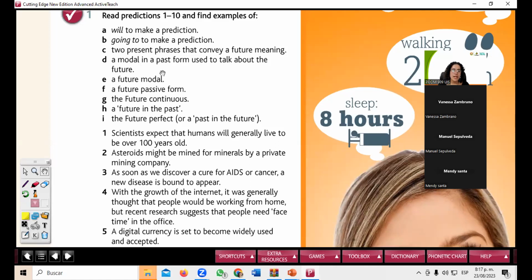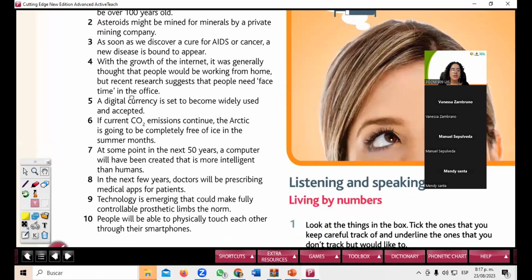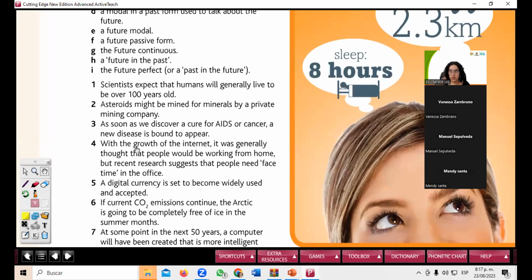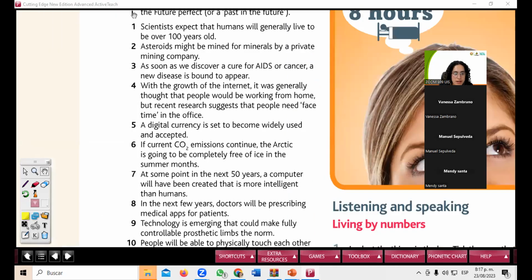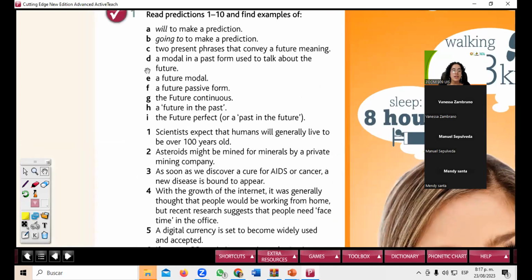I will do the first one as an example, and then we will continue with the next students one by one. Remember, we are checking participation. So if you don't answer, this would mean less points or less grade for you in the quizzes part, right? Because we did this yesterday. We completed this activity yesterday. So we already have the answers. I'll do the first, and then we'll start going one by one. Okay, Diego, thank you.